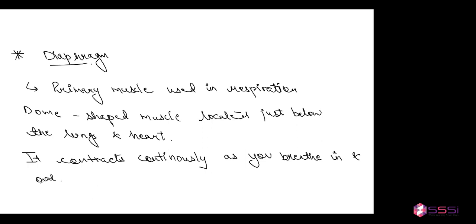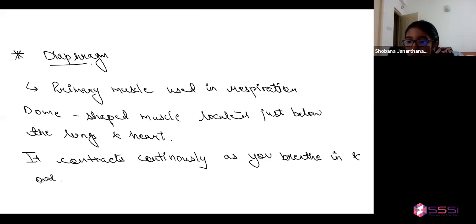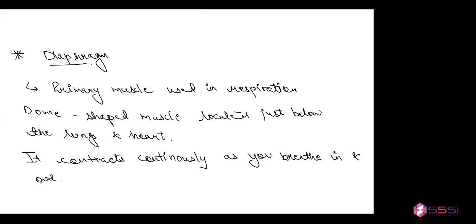Through the esophageal opening, the esophagus and the vagus nerve, which controls much of the digestive system, pass. And aortic opening, what do you understand by the name aortic opening? Any guesses? No, ma'am. And what is the aorta? You don't know the aorta? We have not discussed?